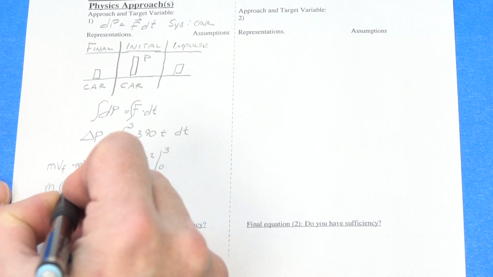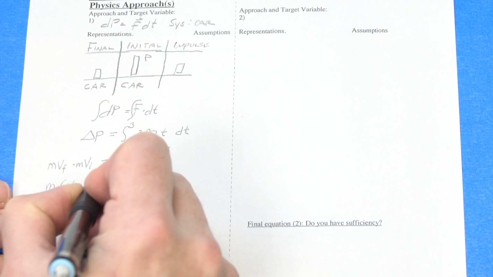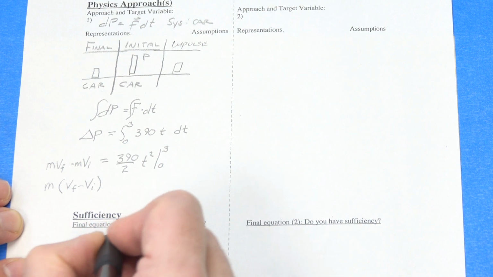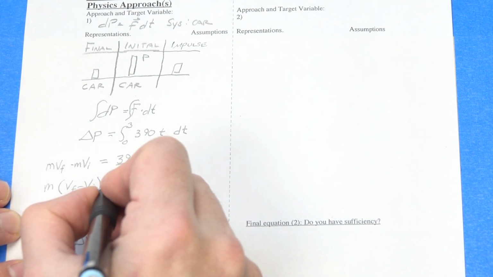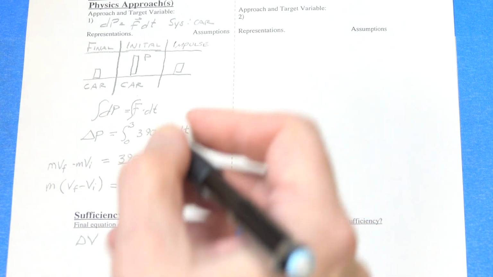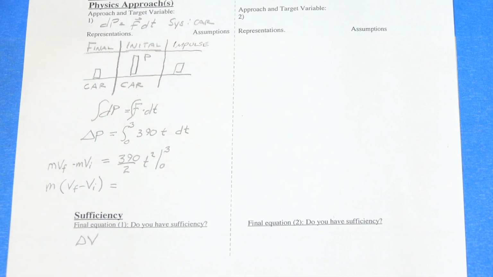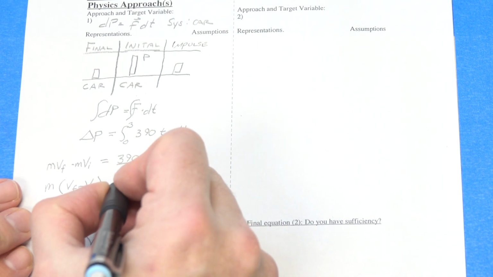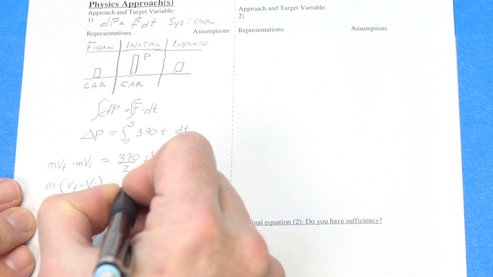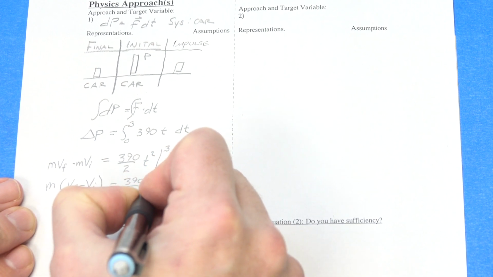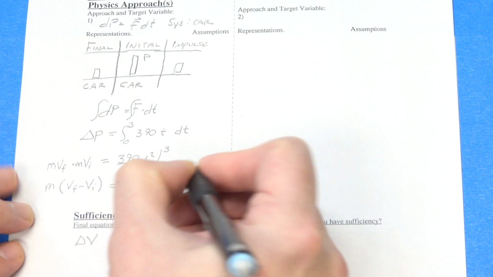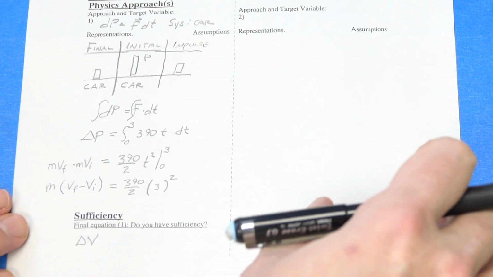So I have v final minus v initial. And we do have sufficiency, and we know everything else. So we'll just hold the 390 over 2, and we'll drop the 3 squared in place. Plus 0, which doesn't really impact us.